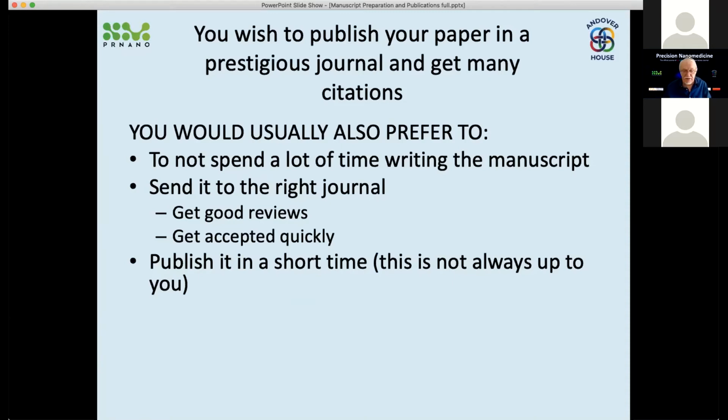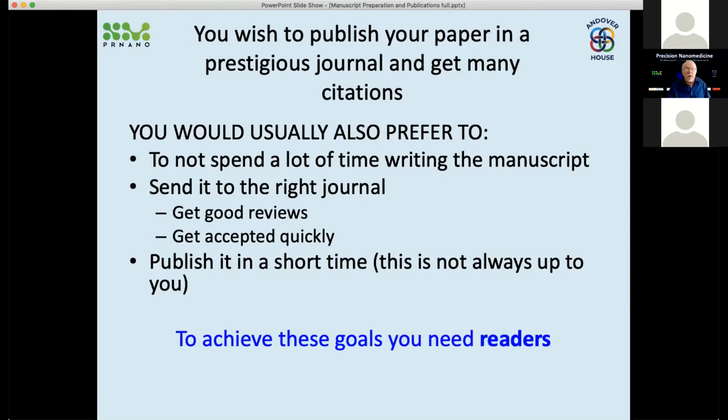More prestigious journals have a very long waiting list, which might make it impossible to quickly communicate something new you found. You don't want to wait half a year to get there. To achieve these goals, you need readers.